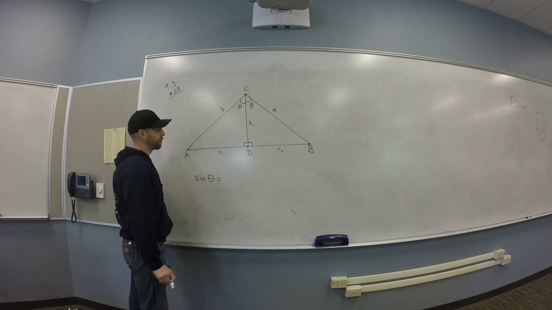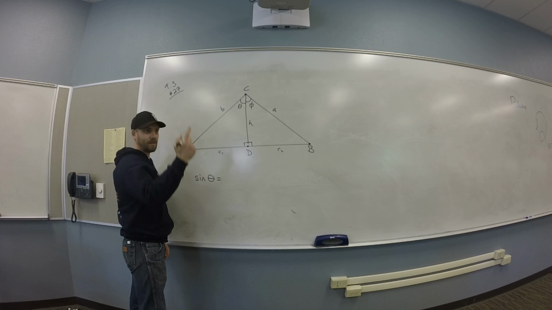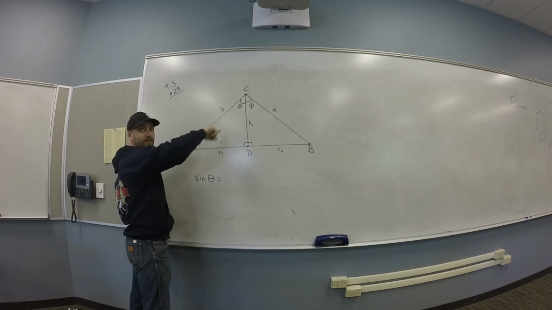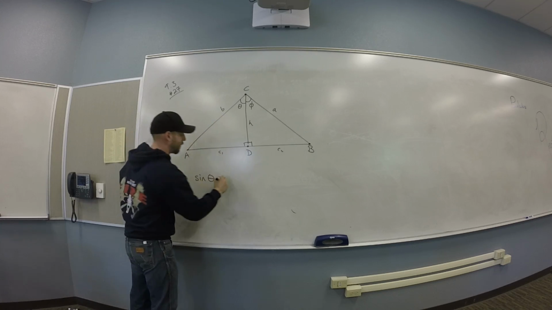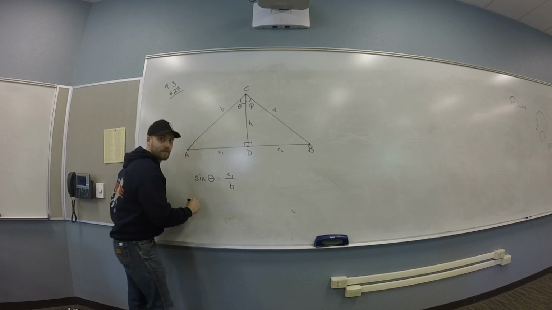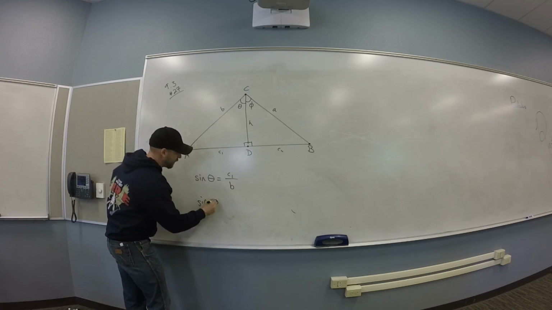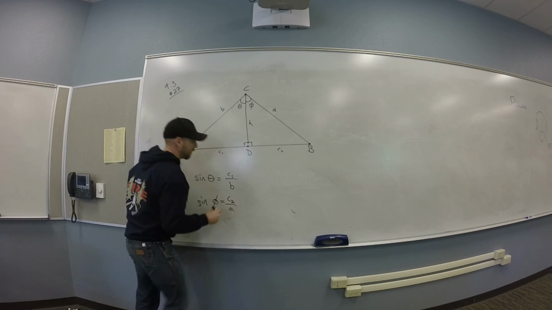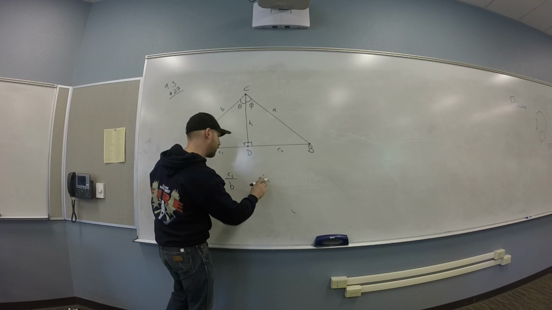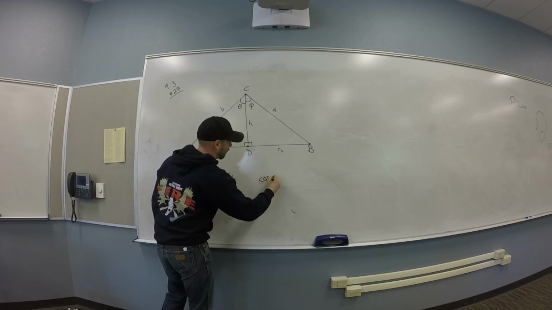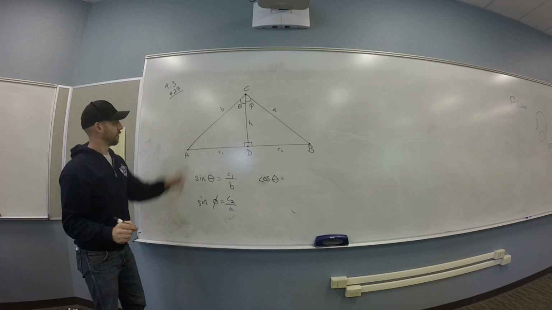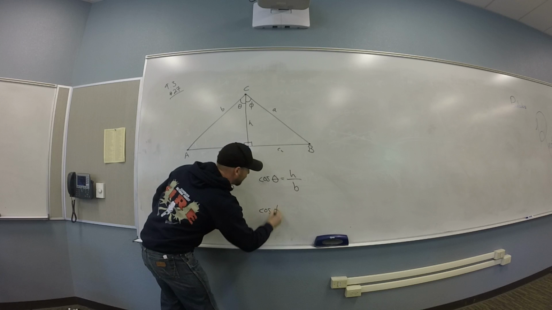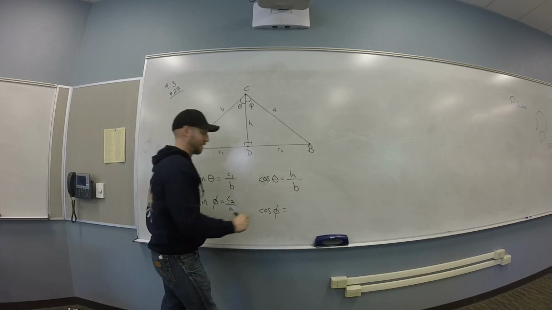So sine of theta is opposite over hypotenuse, so C1 over B. Sine of phi should be C2 over A. Cosine of theta should be H over B. And cosine of phi should be H over A.